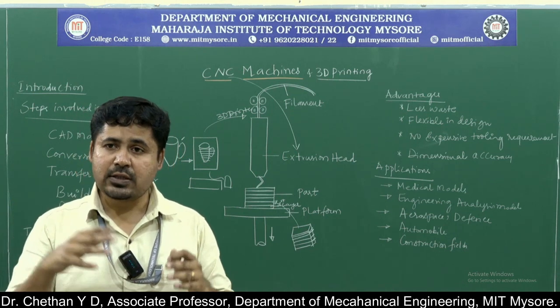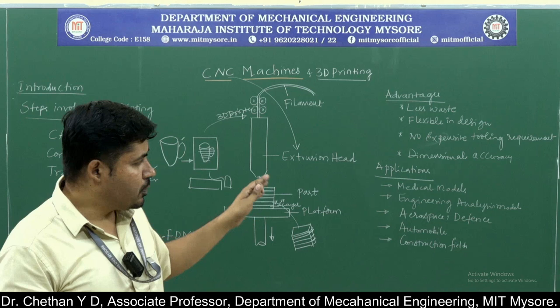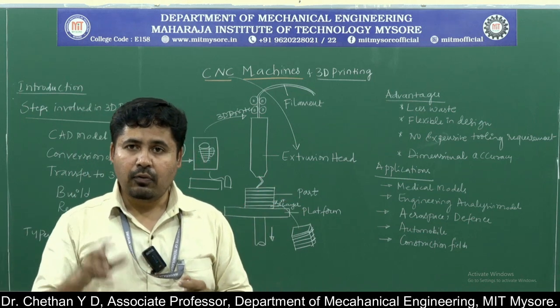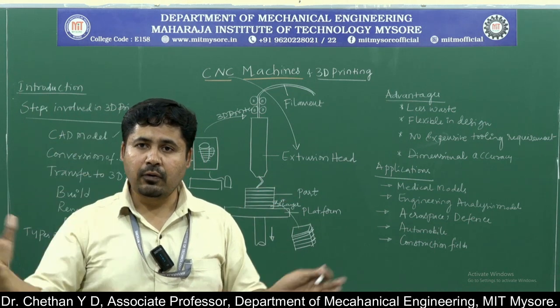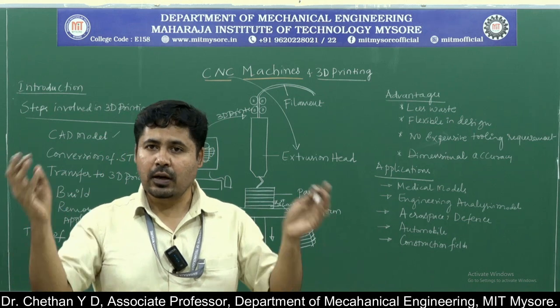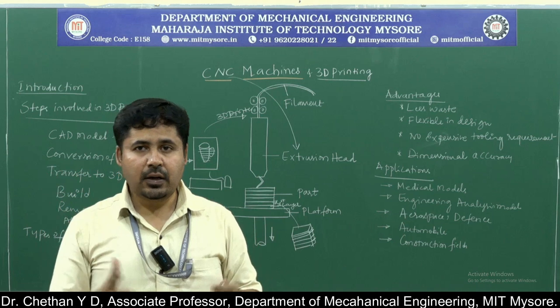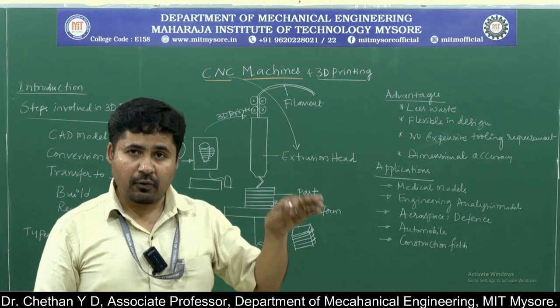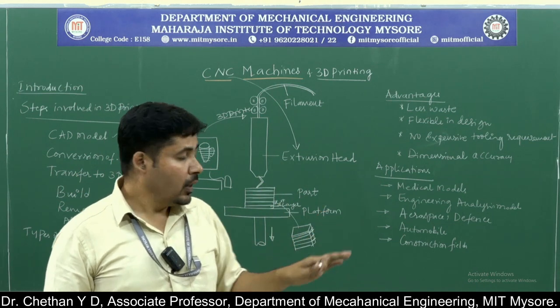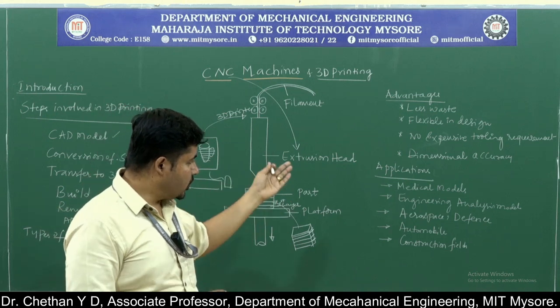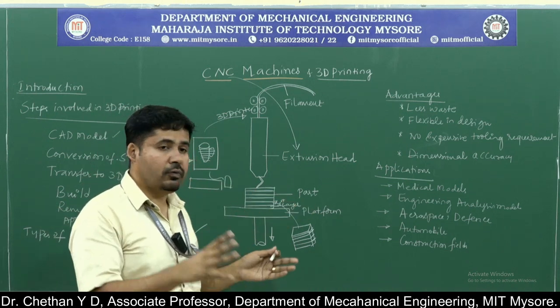Instead of that, we can simulate, or we can have these rapid prototyping models, wherein we can apply different boundary conditions, and we can have different iterations to get to know the ability of that particular product being manufactured with the 3D printers.